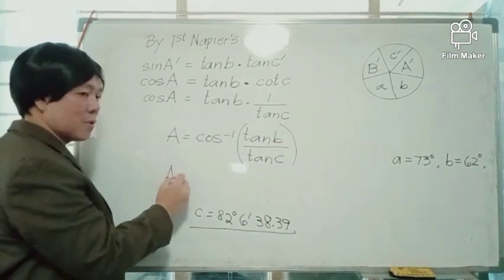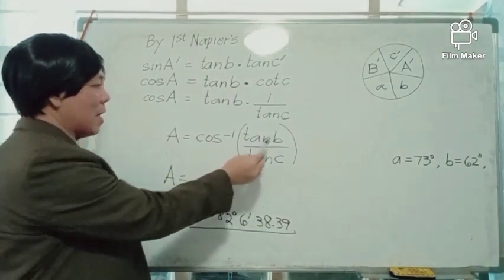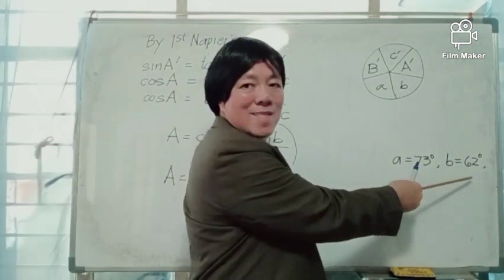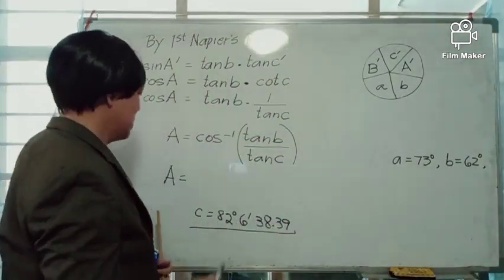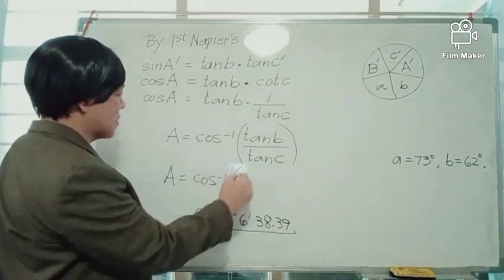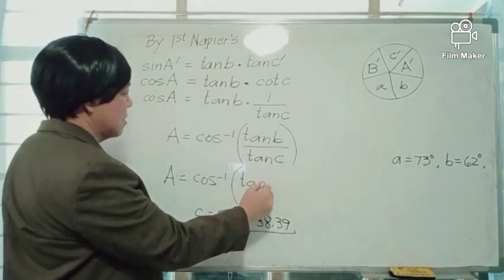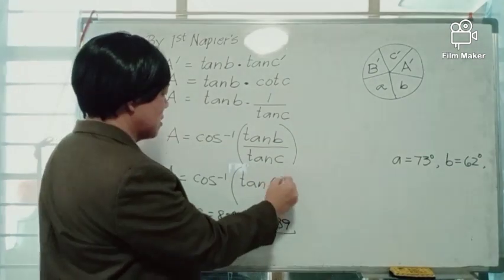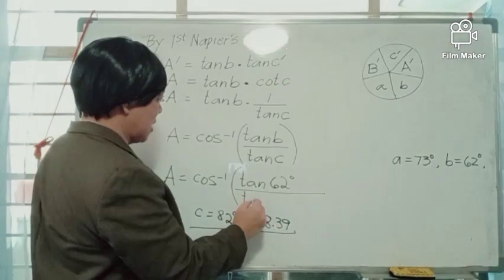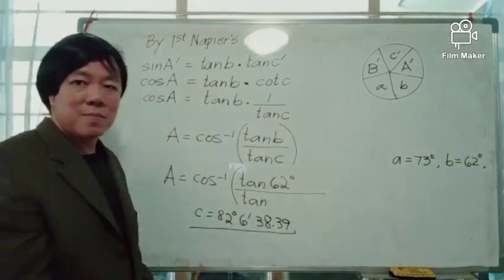We substitute the angle small b. It's given angle small b is 62 degrees. Shift cosine of tangent 62 degrees over tangent of small c.